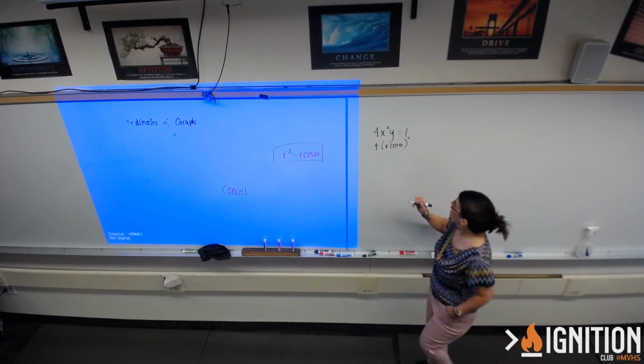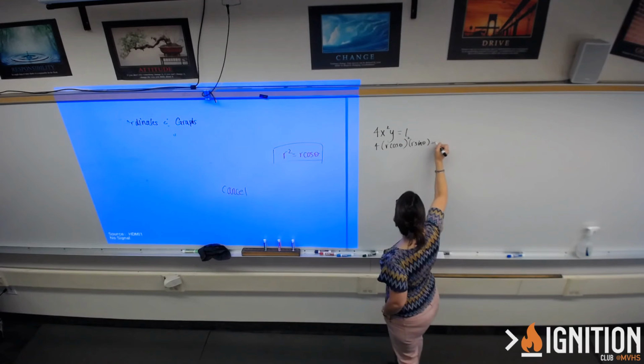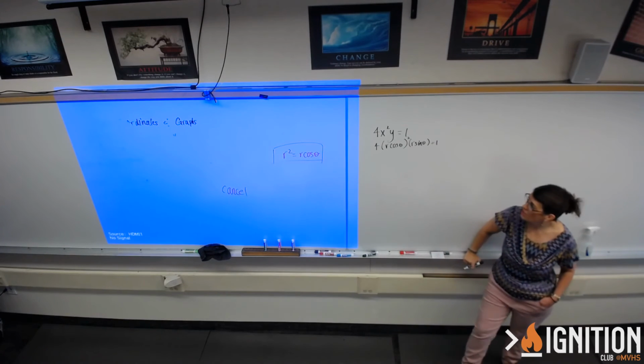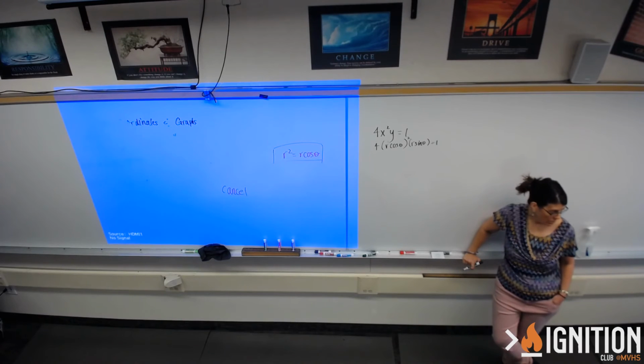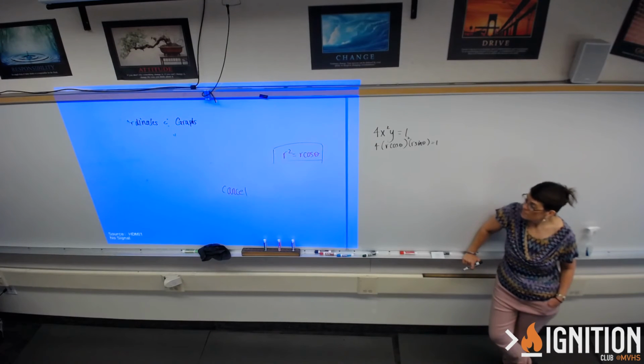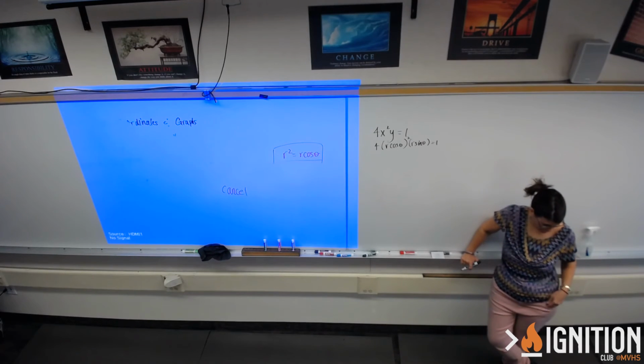R sine theta. Okay, keep going. Take care of the square and do some multiplication.